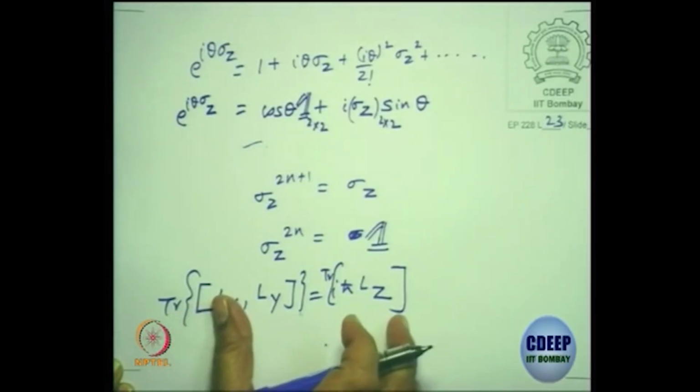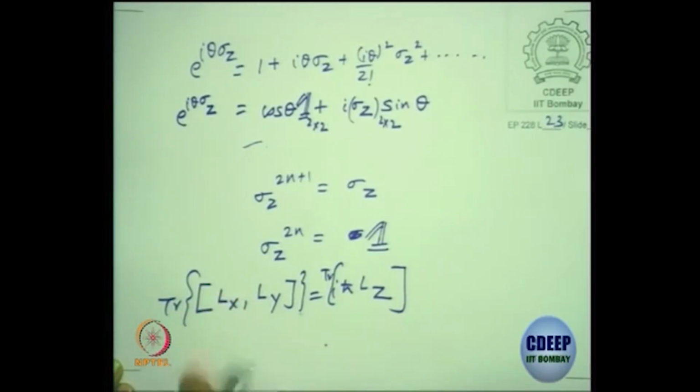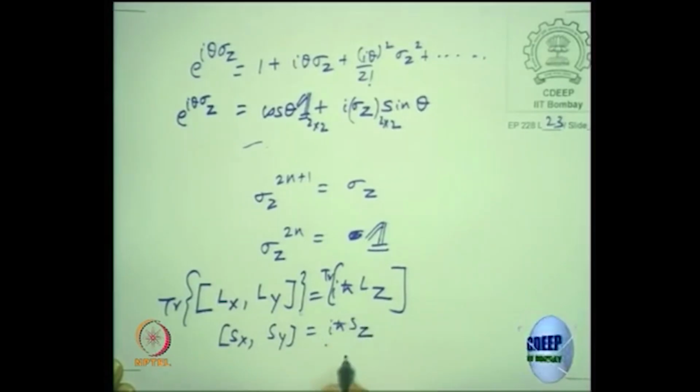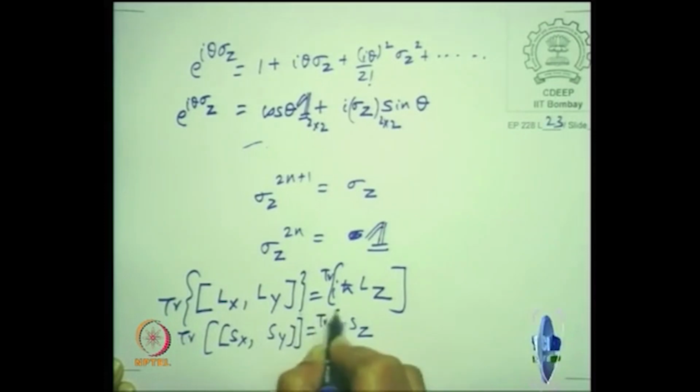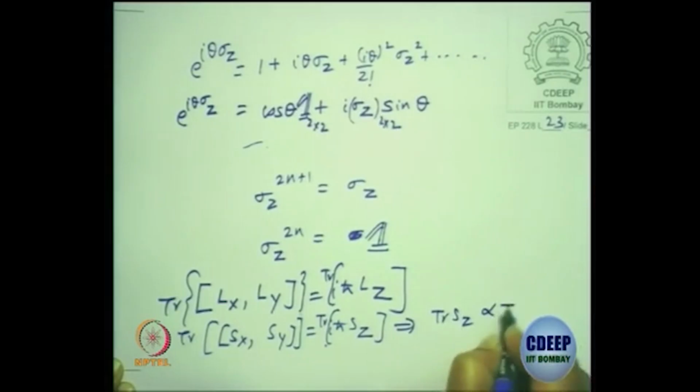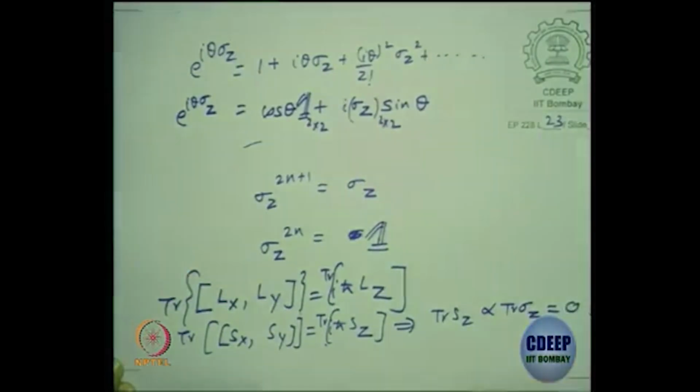Whatever I did for orbital angular momentum, the claim is it should be true for spin angular momentum. And this sigma z is proportional to Sz, right? So if I take a trace here and a trace here, it implies trace of Sz, which is proportional to trace of sigma z, has to be 0.